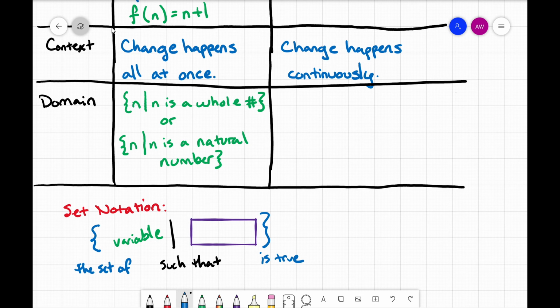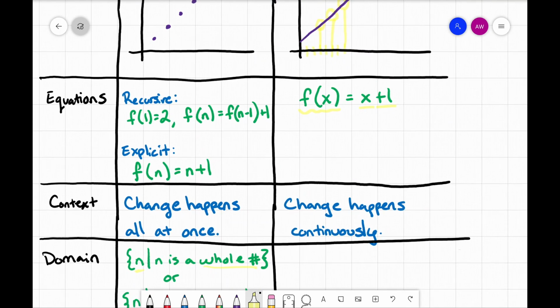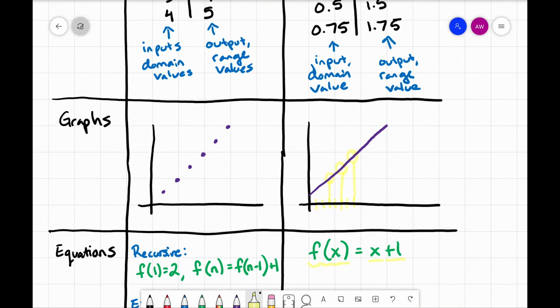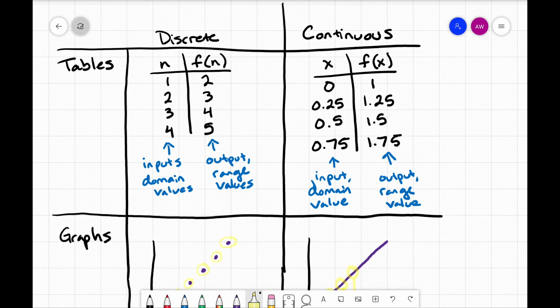We're saying that the variable in whatever this situation is has to be true. So in the case of the discrete domain, the n used has to be a whole number or a natural number. And so that is why it has to be in the graph individual dots. We have to have the natural or whole numbers, meaning we can't have like the quarter that can show up in a continuous function.